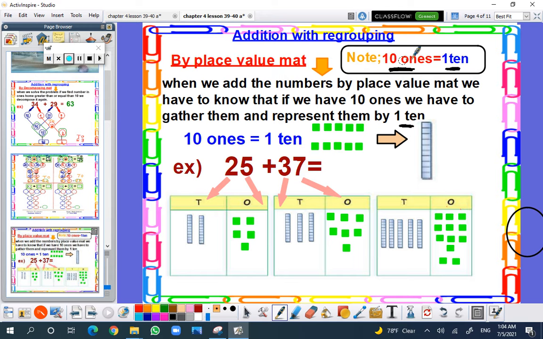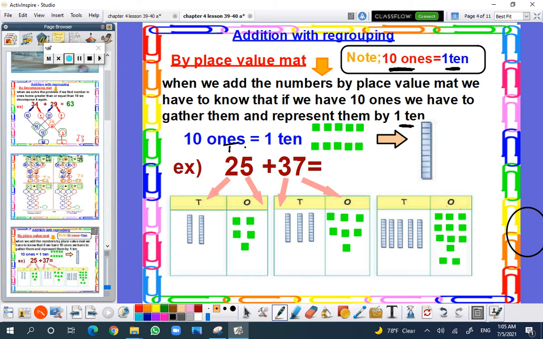So again, if we collect 10 squares on the ones, I will gather them and represent them by what? By 1 rectangular bar on the tens. Let's see this example. 25 plus 37. So what is the first step?